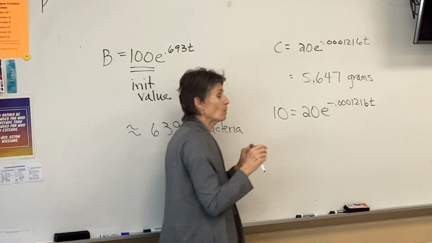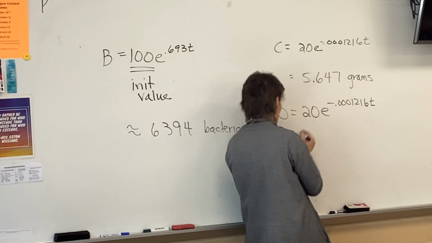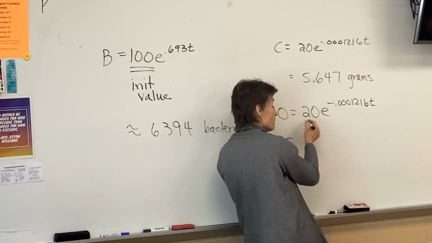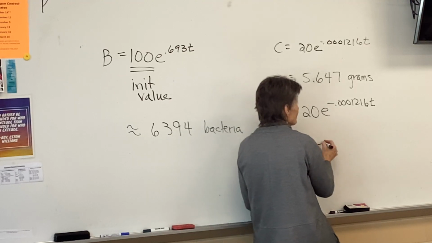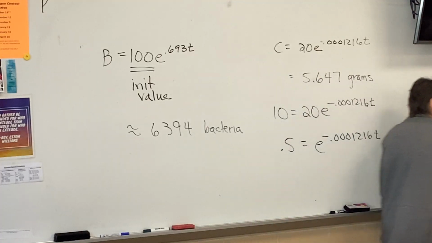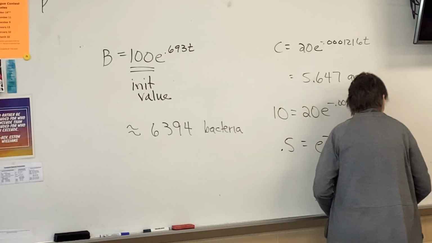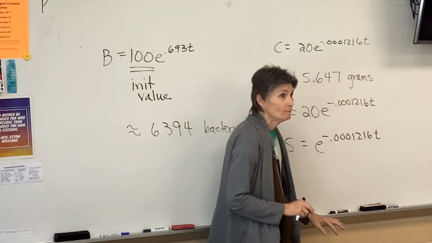When you think about a way to do this, Ryan, dividing by 20 is a great idea. Give me 1/2. Okay, now I'm not multiplying, but yes, Ryan, you're exactly right. Ryan is remembering his algebra too.